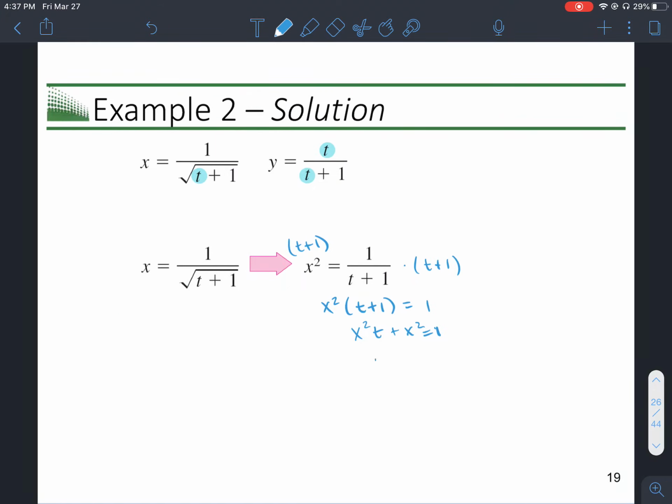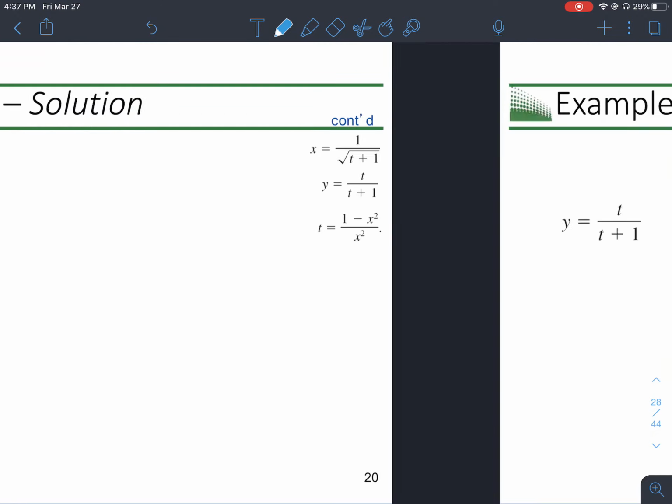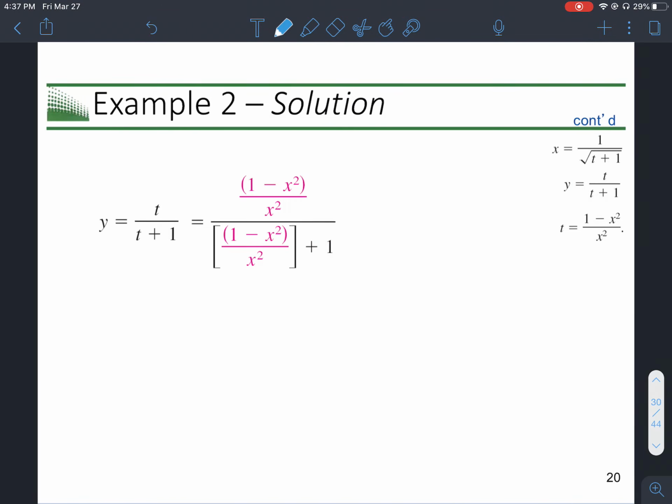Okay, so by subtracting and then dividing, we get 1 minus x squared over x squared. Now I want to take this, and I want to substitute it into the y equation. Both places I have the t. And do you see how this is going to be a little bit easier to work with than trying to substitute into the square root? So I do that.